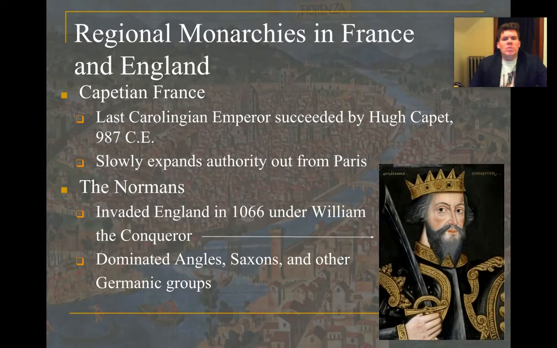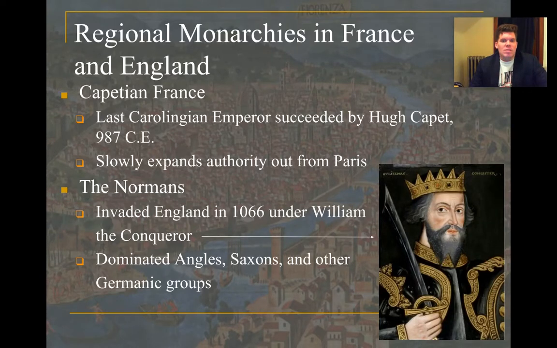So that moves us over to France, and England, where we sort of see regional monarchies take shape. The last Carolingian emperor was succeeded by a leader named Hugh Capet in 987, and he basically slowly expanded his authority out of Paris.